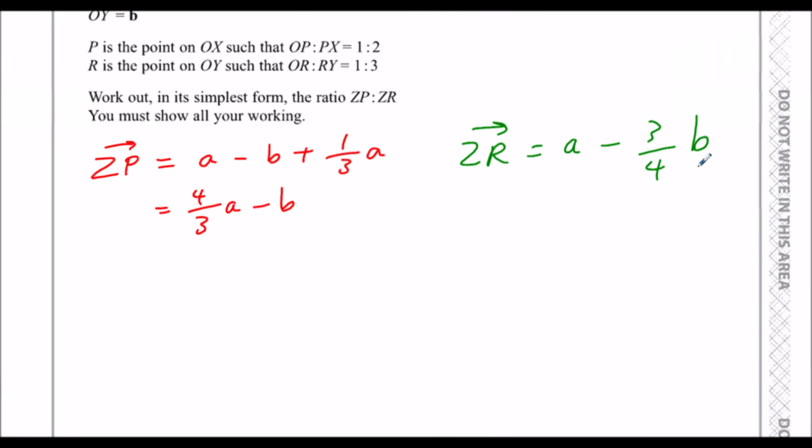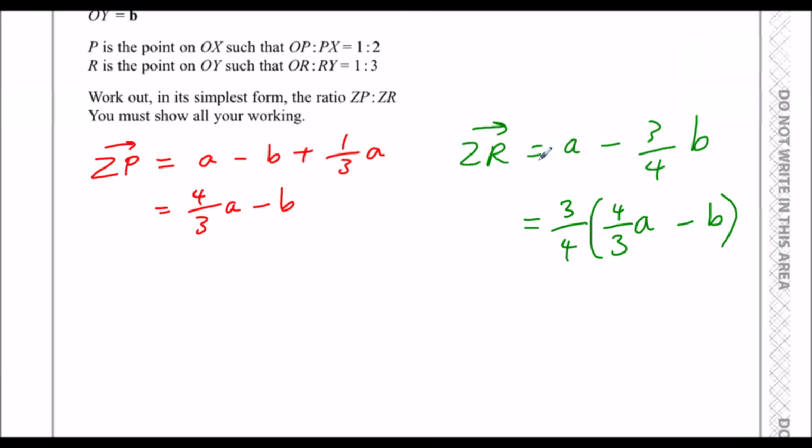So for ZR, let's take 3/4 out of it. So have 3/4 on the outside. 3/4 times what makes A? That's going to have to be 4/3 A. And 3/4 times what makes minus 3/4 B? That's just minus B. So if we expanded this bracket, we'd go back to ZR.